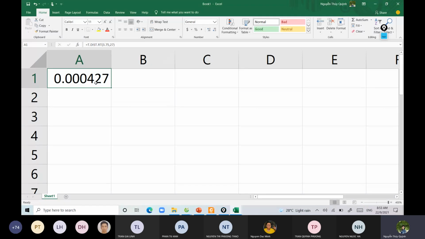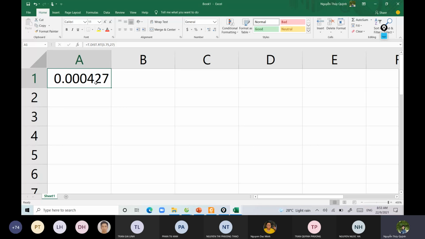So you have to determine whether the test you are using is a two-sided test, a right-sided test, or a left-sided test. If it is a two-sided test, then you take the p-value as the area to the left of the negative number and to the right of the positive number.